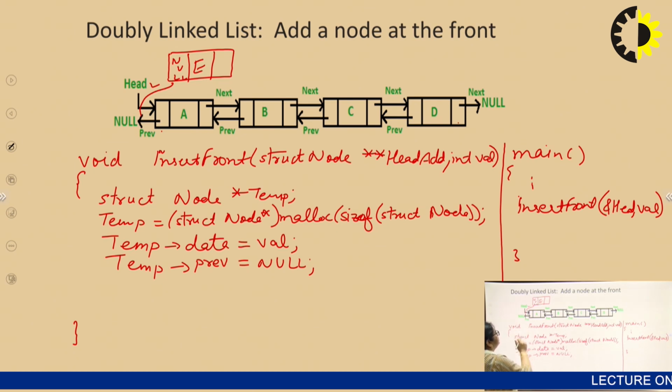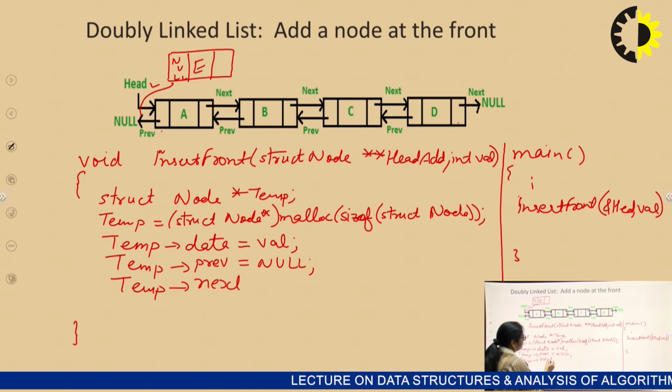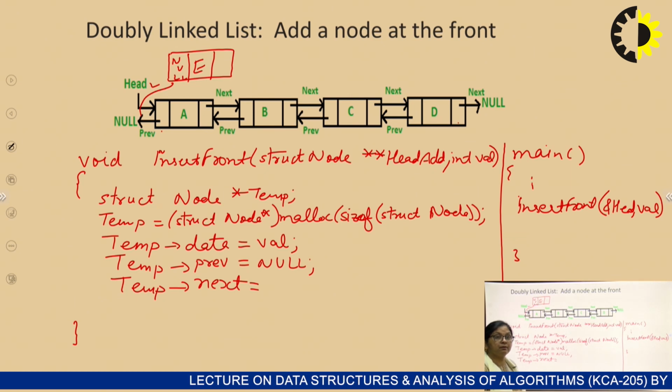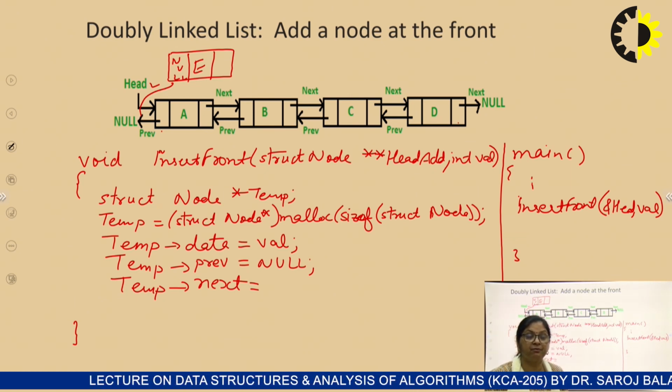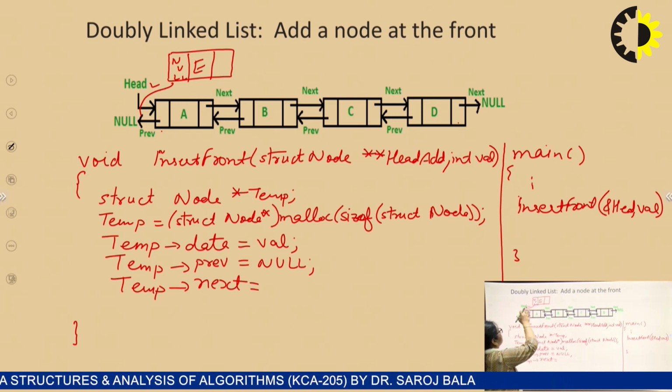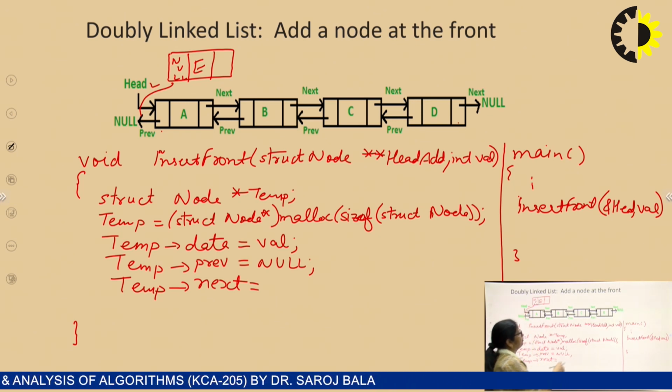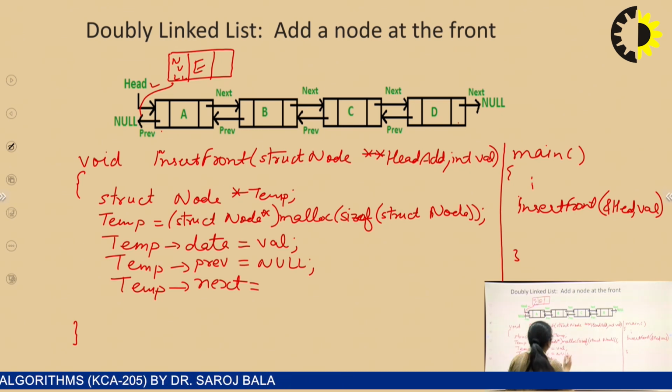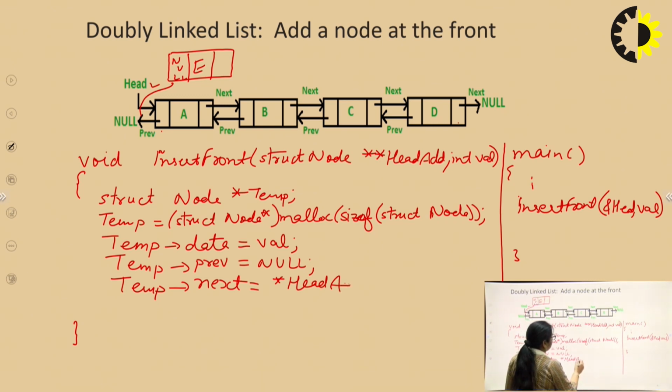So what we will have? We will set the next pointer pointing to that node which was previously first node. What is the address of first node? That is head. Okay, we are having that in head address. So what we will have here? Star head address. Star I have taken because it is address of head. So we will take the contents at address of head.